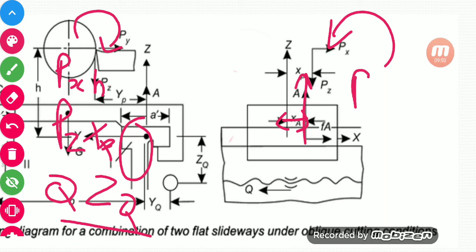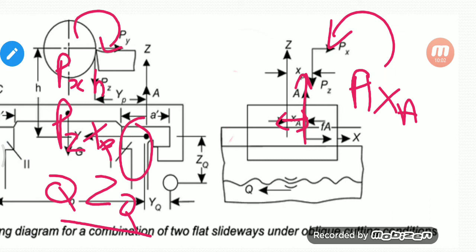So I would say A multiplied by xa, and then similarly, behind A, exactly there would be the force C. The force C would act somewhere on this slideway, and A acts here. So when you look from here, you would have them in the same plane. So similarly, C times xc would also be anti-clockwise.